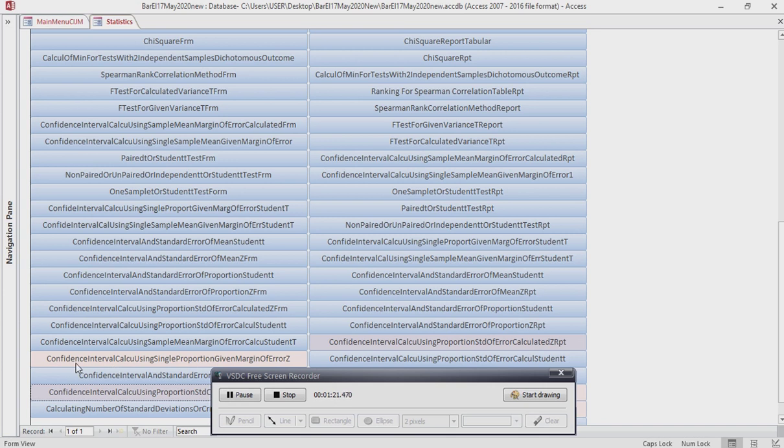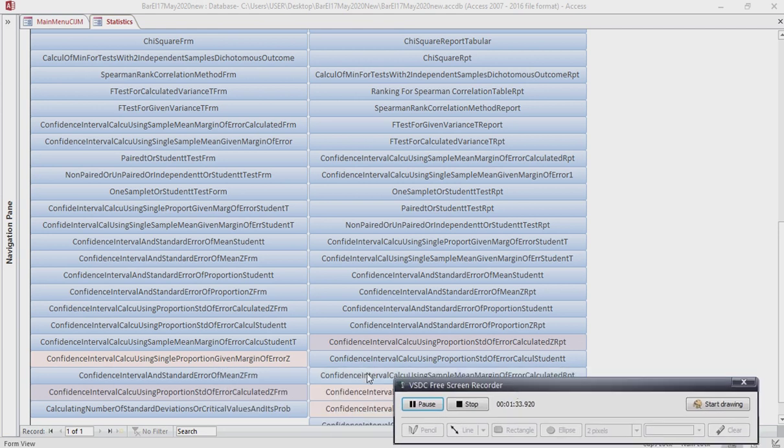So we have to calculate the confidence interval using single proportion given margin of error. Now, calculating confidence interval using proportion and standard of error calculated.